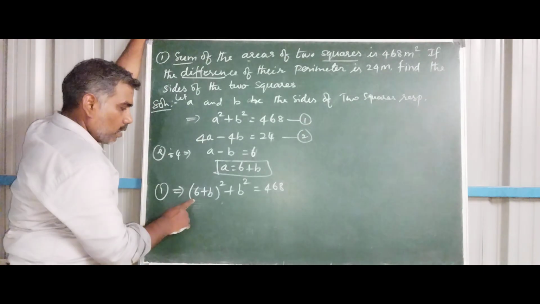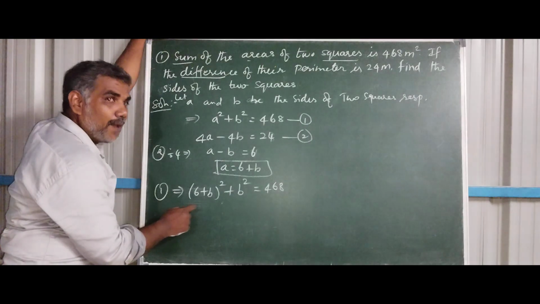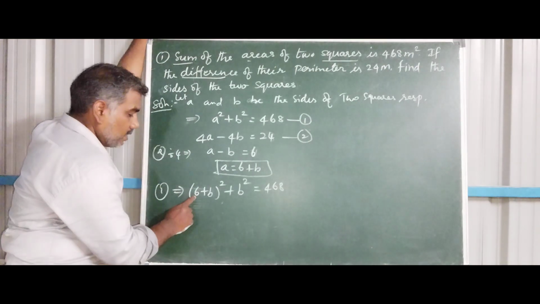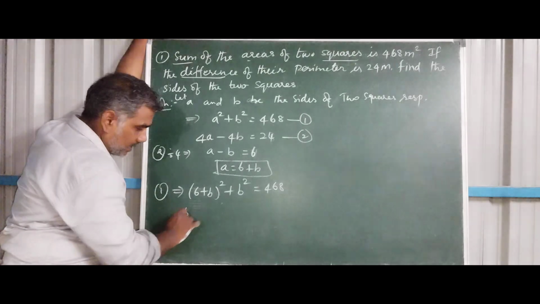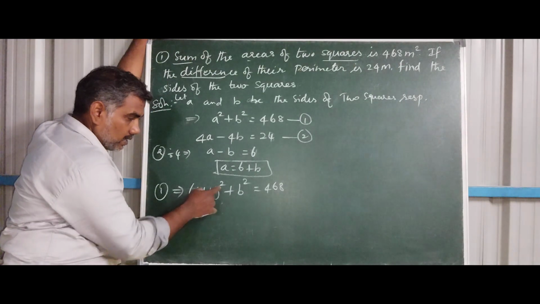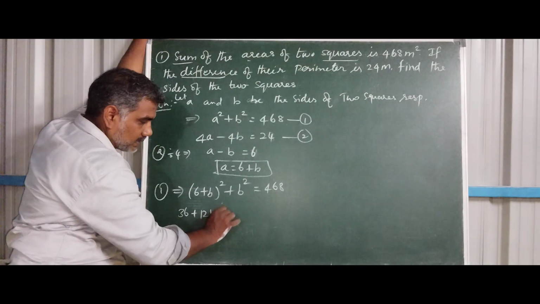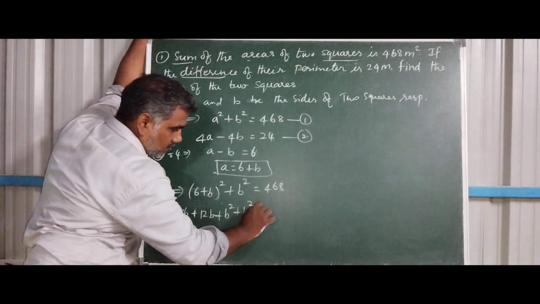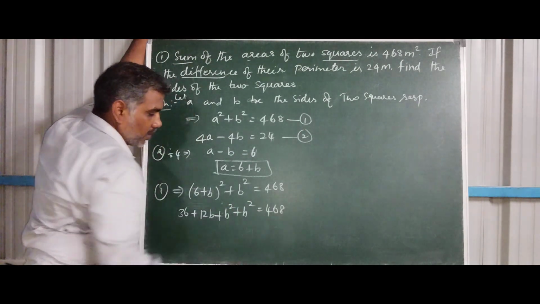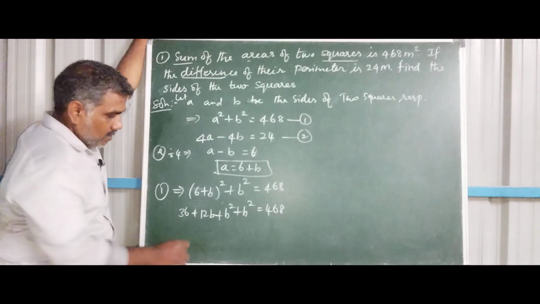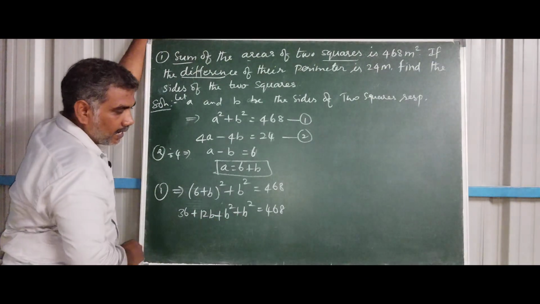So now here again, A plus B the whole square: 6 square is 36 plus 2 into 6 is 12B plus B square is equal to 468. Clear? Good.